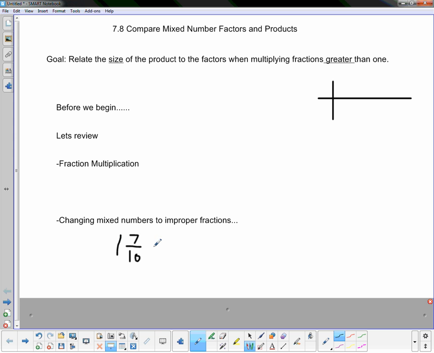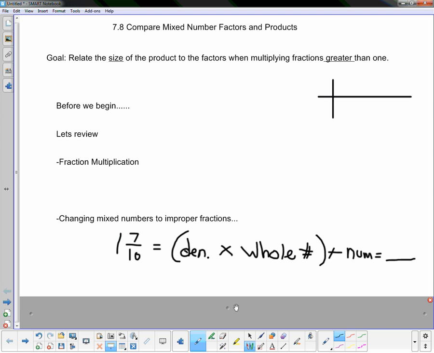Now, the first step that I do is I take my denominator, I use abbreviations here, my denominator, and I'm actually going to multiply that by my whole number. I'm going to do that first, and then I'm going to add the numerator. And that is going to equal the numerator to the problem.